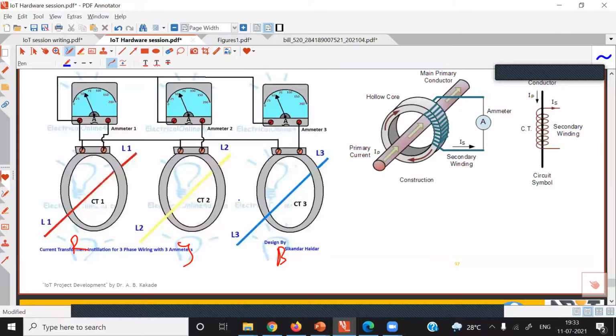If you measure with respect to the neutral line, it is the voltage of phase R, phase Y, and phase B. And if you measure phase to phase voltage, then there are 3 voltages: R to Y, Y to B, and R to B. And voltage times current becomes the VA rating. This value you can use in your demand control system.